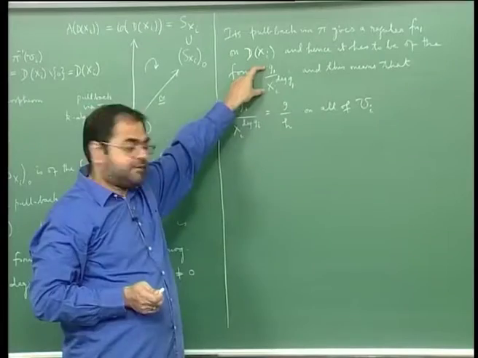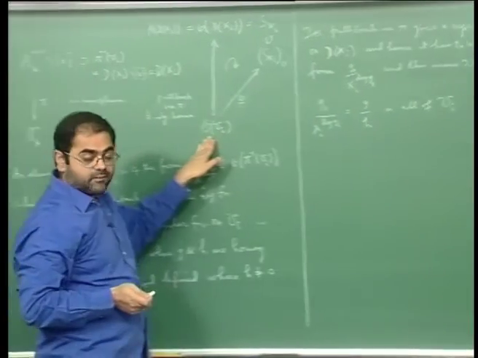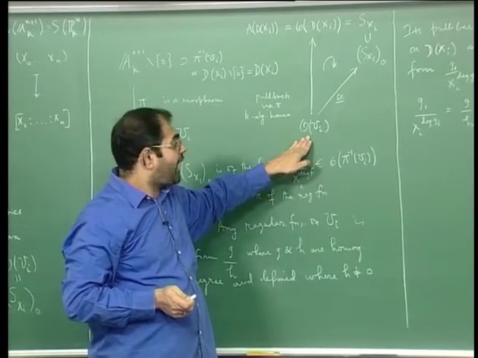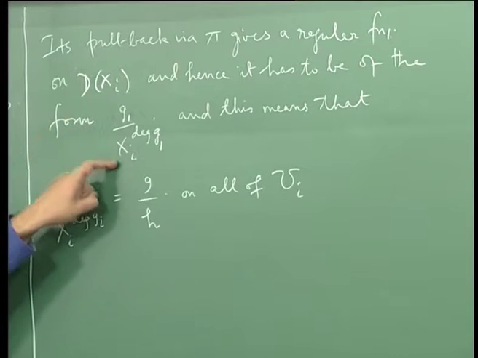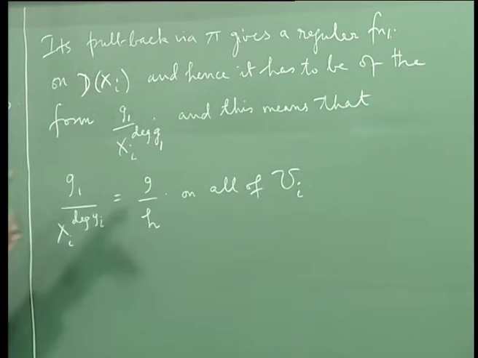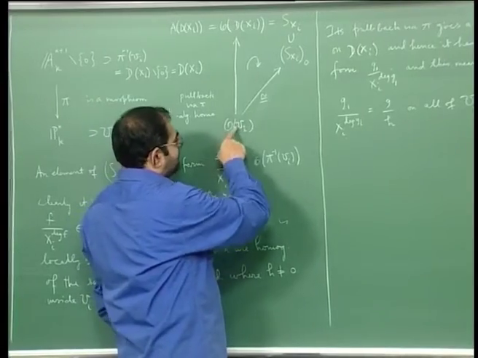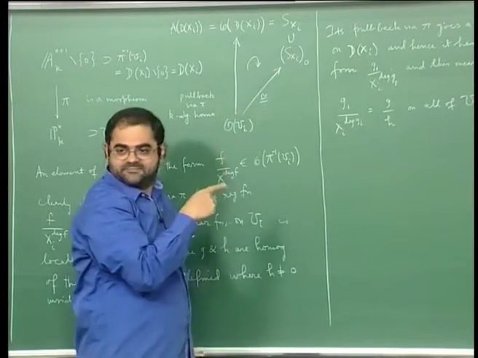Therefore the function I pulled from below is given globally in this form. This is just the statement that this mapping is surjective.